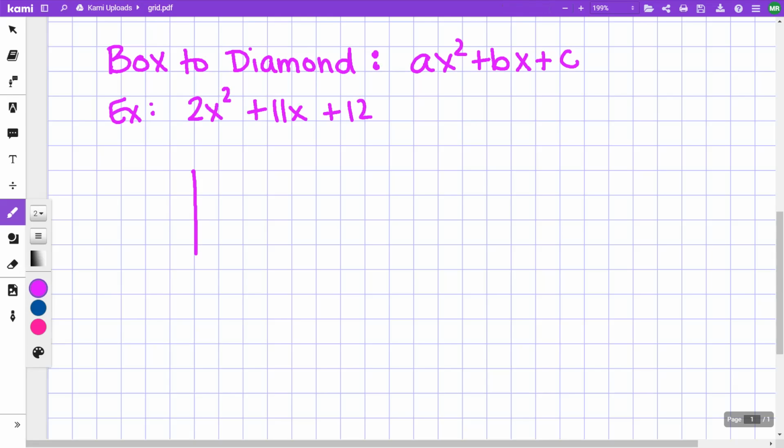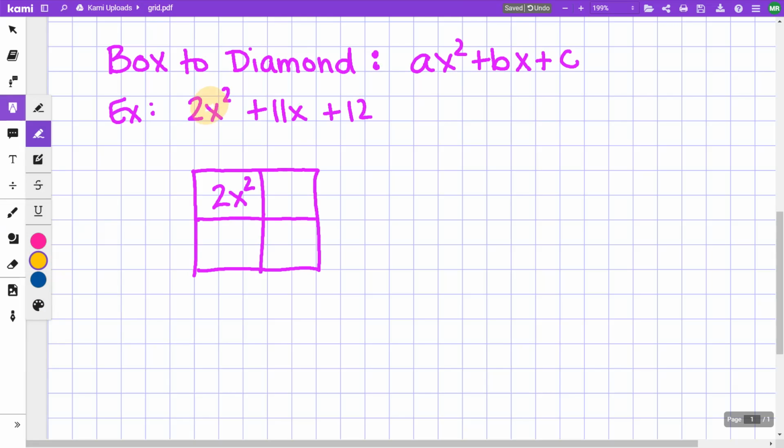What I'm going to do is make a box. I am going to put my 2x squared in either the top left box or the bottom left box. So I'm going to put this 2x squared right here.